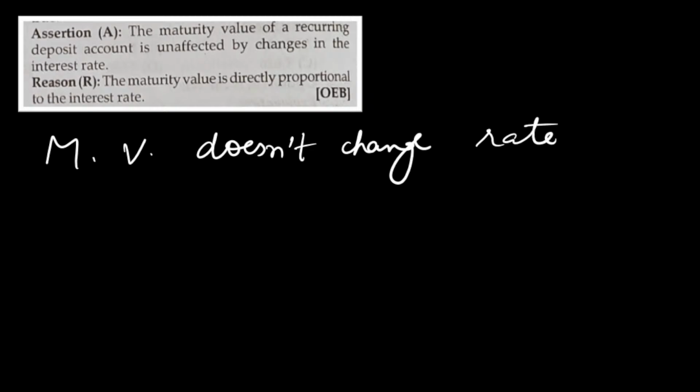The previous question says the maturity value is affected by the changes in the interest rate. So this is false, because in the formula itself we are adding interest. It is P into N plus I. So maturity value is affected by interest rate, and here it is mentioned it is unaffected. So it is false.